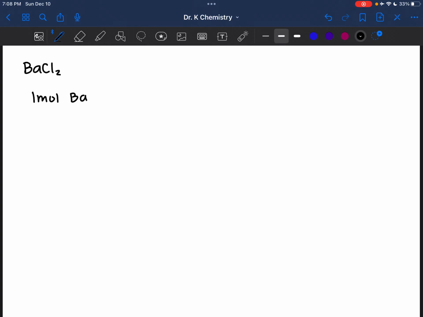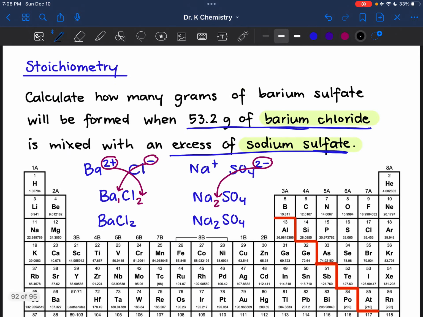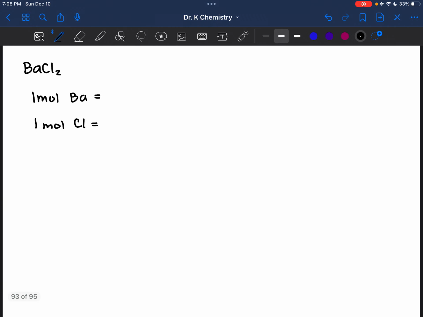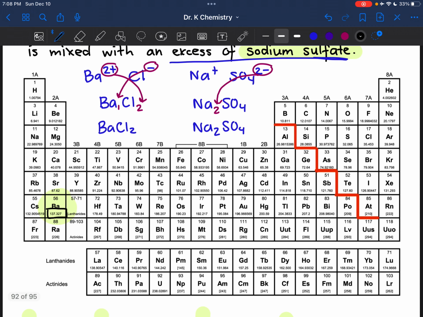Okay, so for every 1 mole of barium, I'm going to write that down. That's going to come directly from the periodic table, and I'm going to look that up here. It looks like 1 mole of barium has a mass of 137.327. So if I were to weigh a mole of barium, that's what its mass would be.